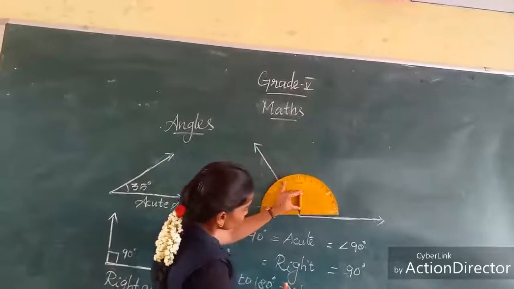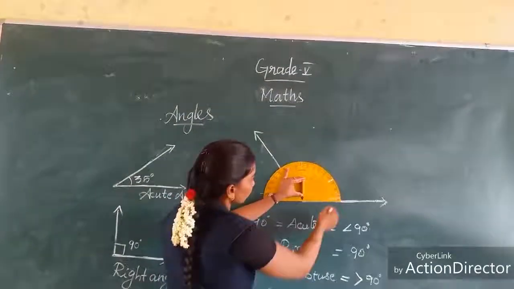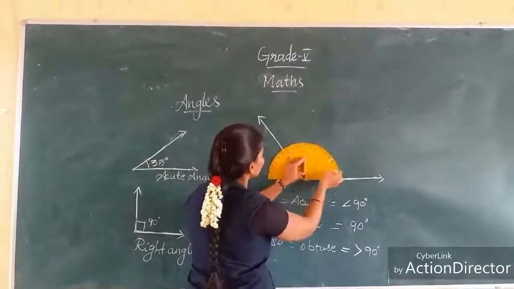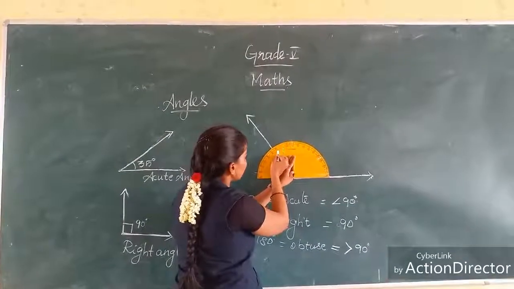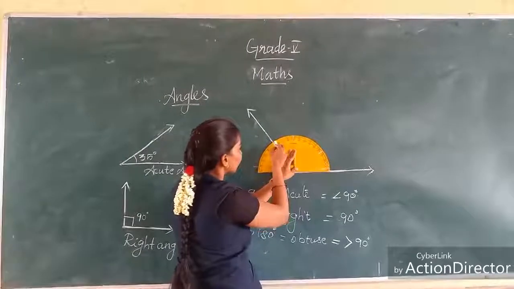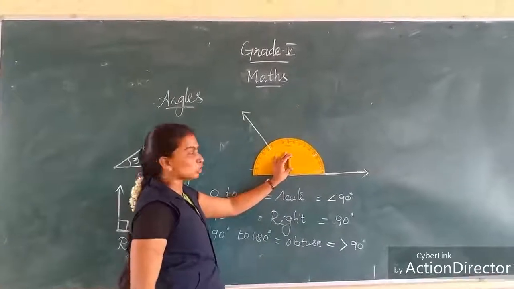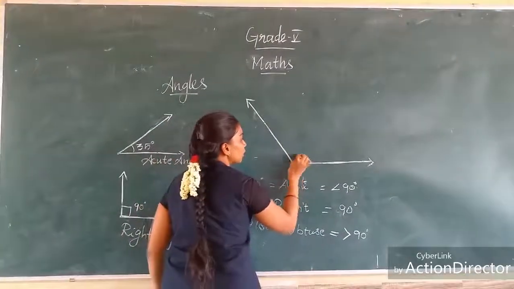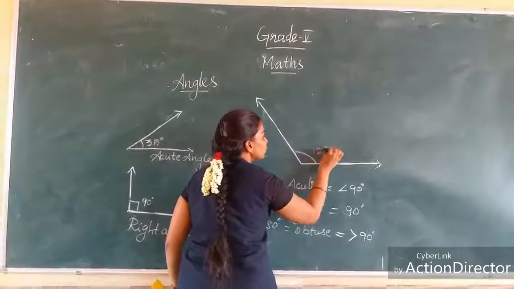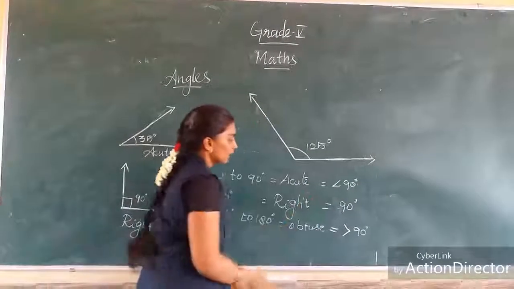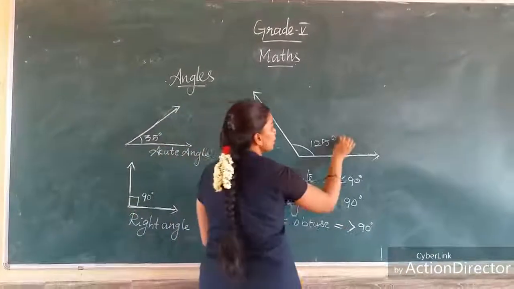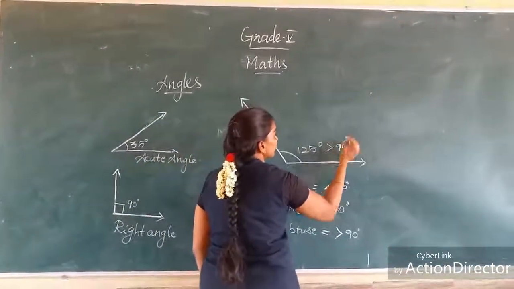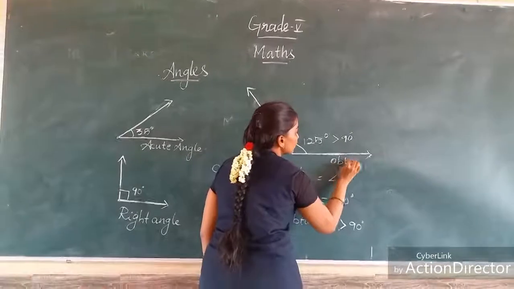Again we are going to fix here. Now look at here. See, 100, 110, 120, here 125. So what is the degree? 125 degrees. That is more than 90 degrees. So this is an obtuse angle.